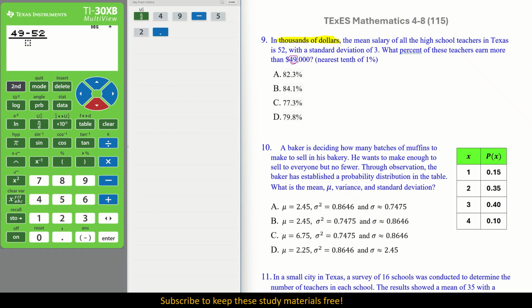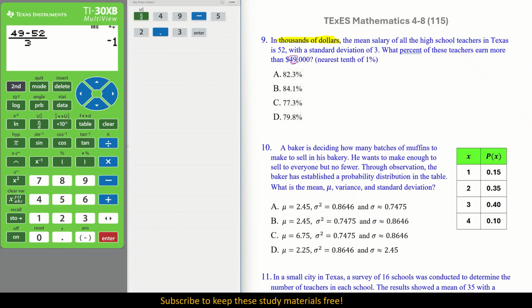Then divide by the value of the standard deviation. Now push enter, and that's a -1. Now think about it, that makes sense. It's going to be one standard deviation to the left.